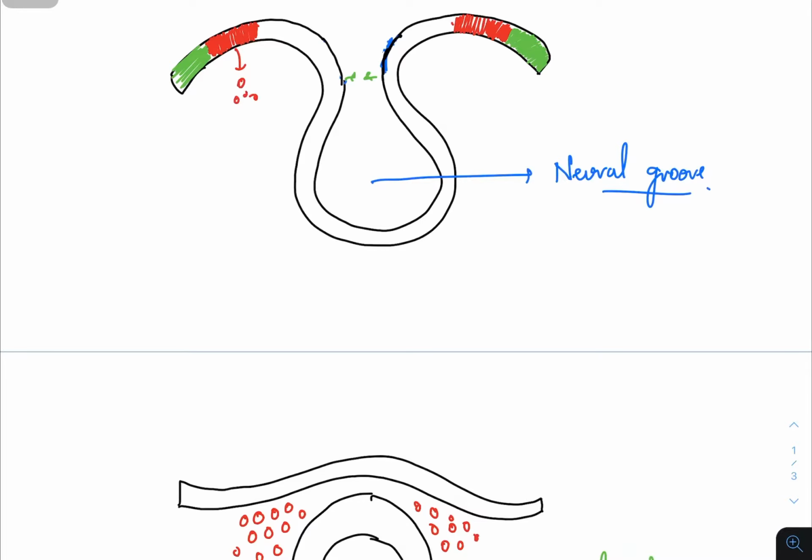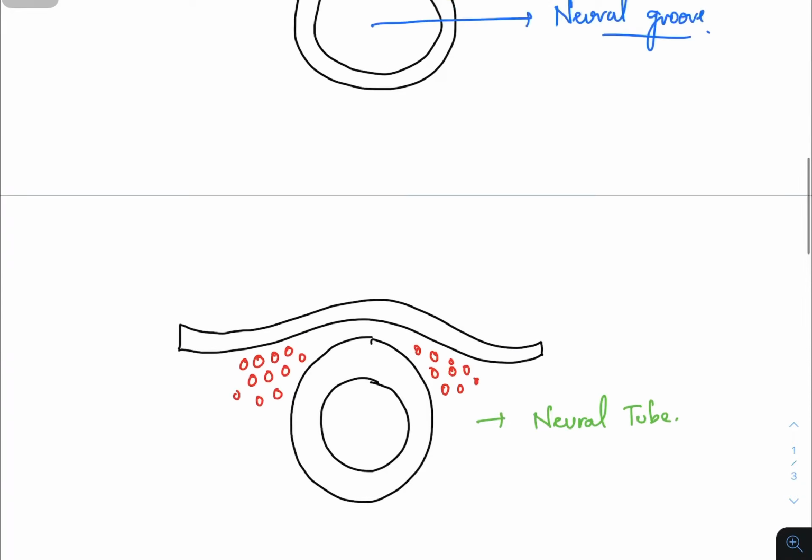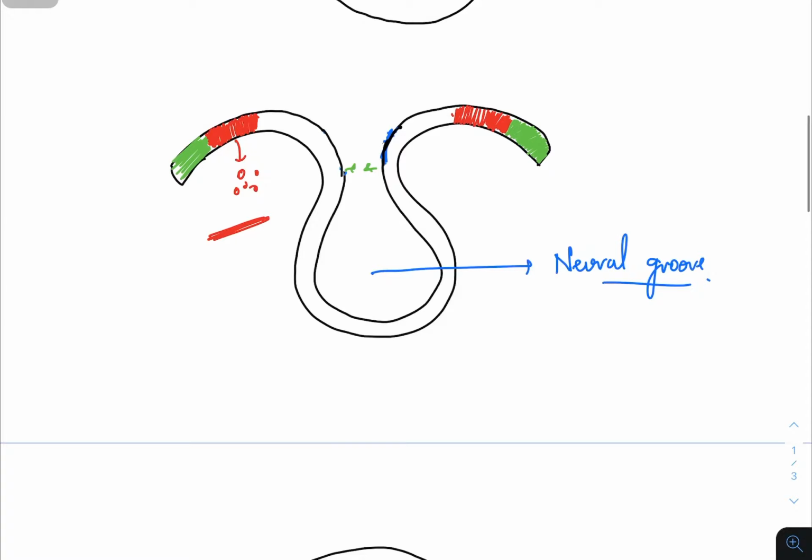So all these neural crest cells, they will fall off. I mean, not in this stage, obviously, but I'm just drawing it to mention it, that all these neural crest cells fall off like this. So when the neural crest cells fall off, will there be any neural crest cells here? No, there won't be any neural crest cells in the neural plate.